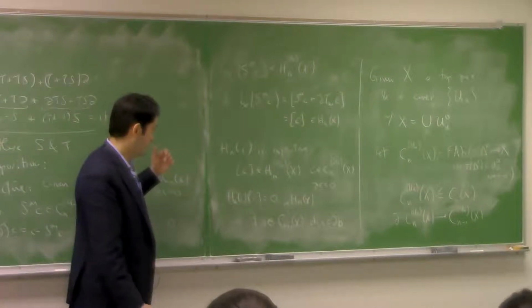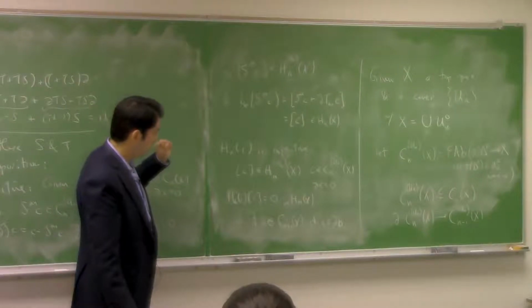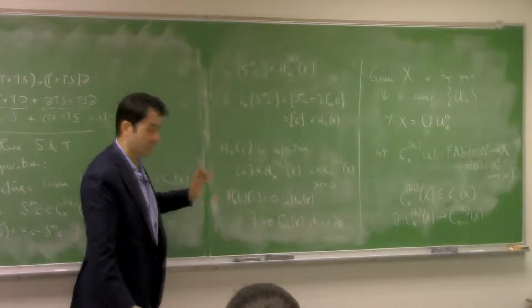So I want to show that there is some chain corresponding to the cover whose boundary is equal to C.